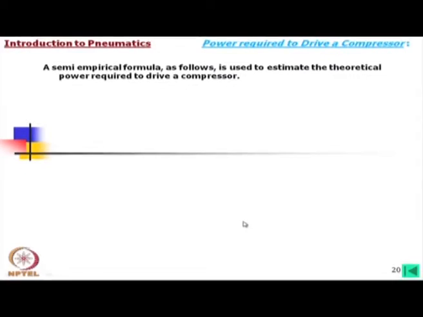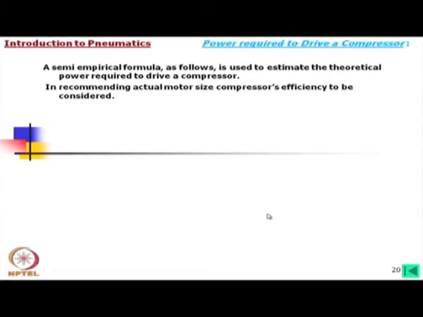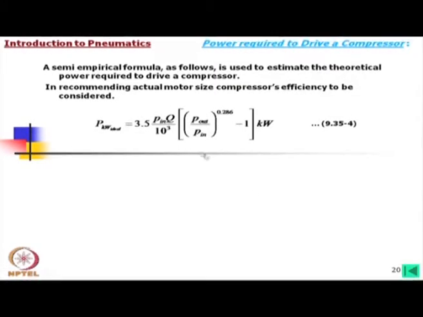Now, the power required to drive the compressor: a semi empirical formula is usually used in recommending the actual motor size, and compressor efficiency has to be considered. This is the semi empirical relation to calculate the power, where P is for the total of the motor, and this is the ideal.